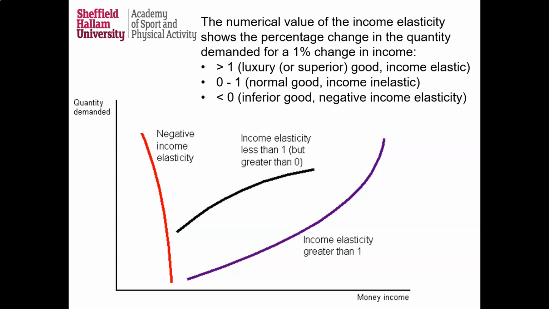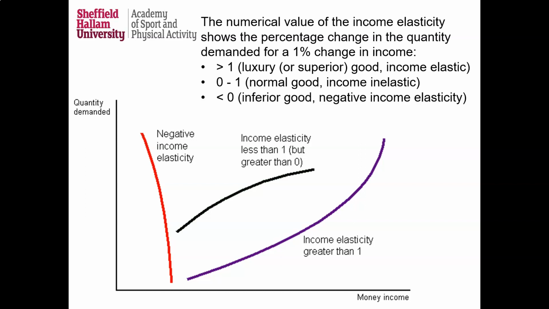What we might find is that in the US economy, which has a higher GDP per head of population than many European countries, though not all, spending on sport is actually money intensive rather than time intensive, and that sport in the US could also be a superior good, although I haven't seen evidence on that.